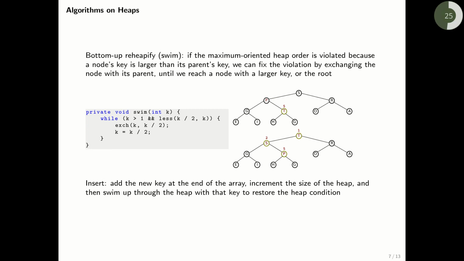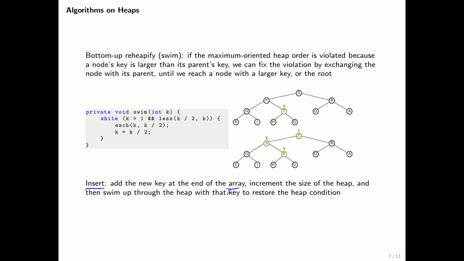And once you have the swim operation in place, the insert operation from the MaxPQ API can be implemented very nicely and efficiently. The way you would implement the insert operation is you simply take the new key that you want inserted and add it to the end of the underlying array.